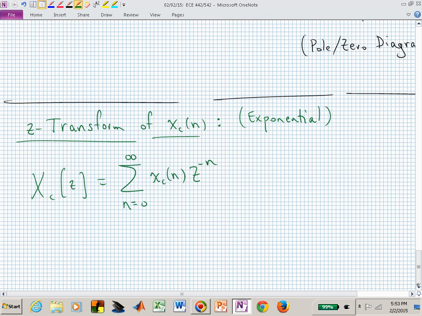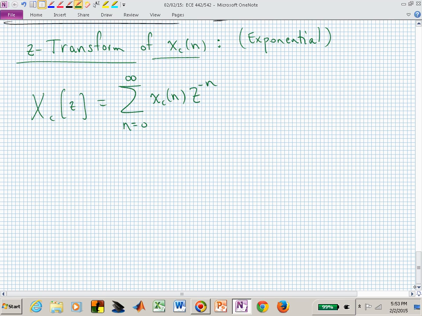And now you can simply use that as a guide or an algorithm. That sum, you can simply start writing down what that translates into explicitly.